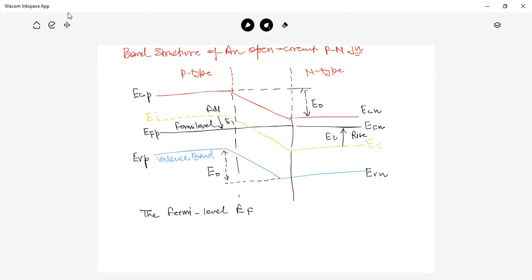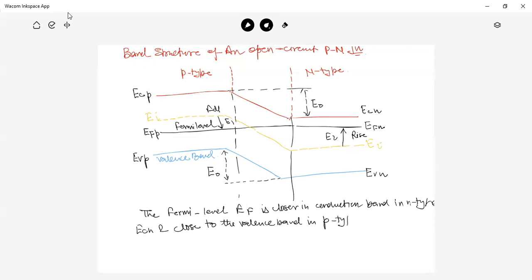So the Fermi energy level EF is closer to the conduction band ECN in N-type, and closer to the valence band in P-type material.